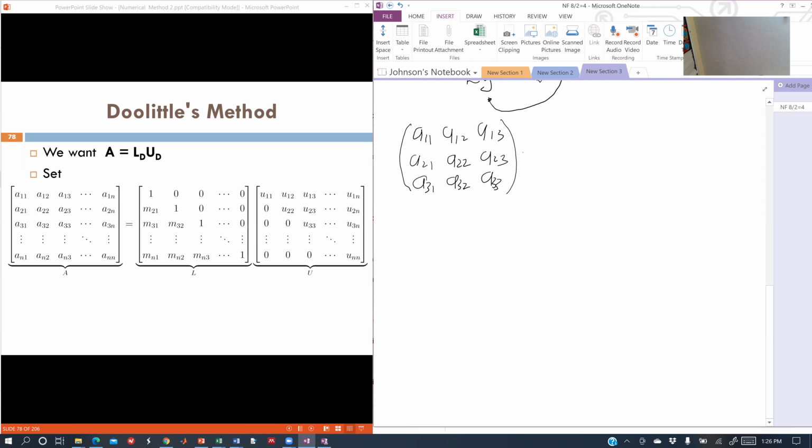So this is a 3 by 3 case, and for the lower triangular, I'm using different notation. According to Doolittle, the decomposition must be, let me call this 1, 0, 0, L1, 1, 0, L2, L3, 1. Then the upper triangular will look like this: U1, U2, U3, 0, U4, U5, 0, 0, U6.